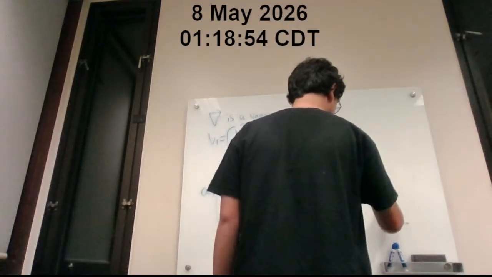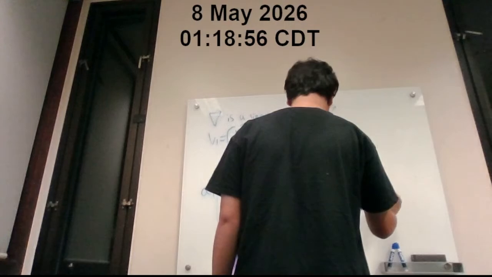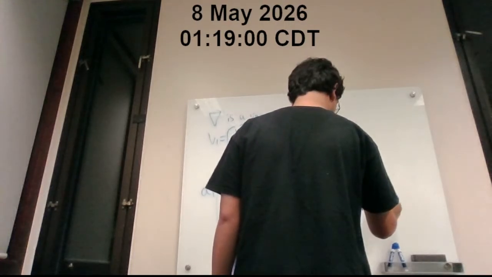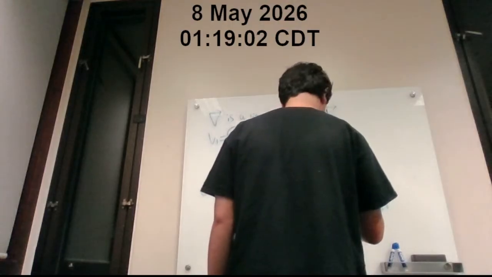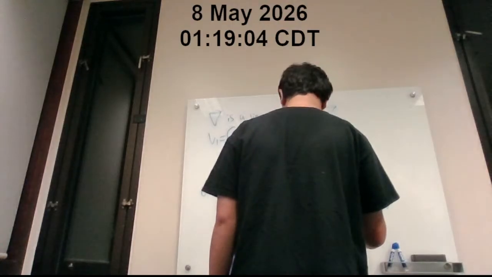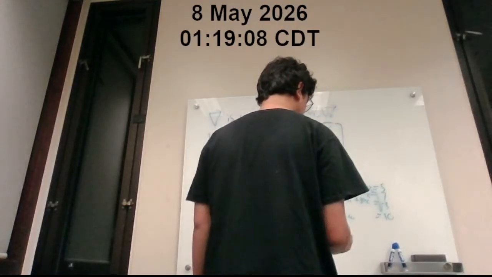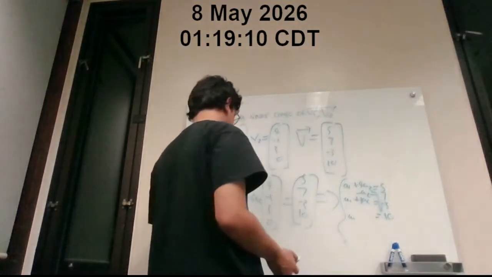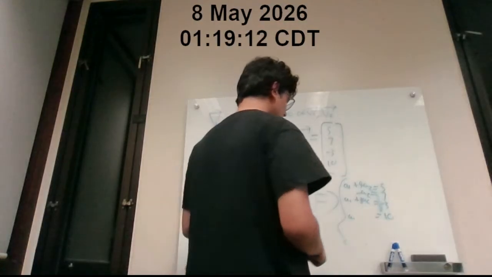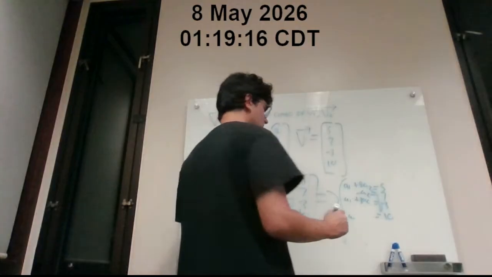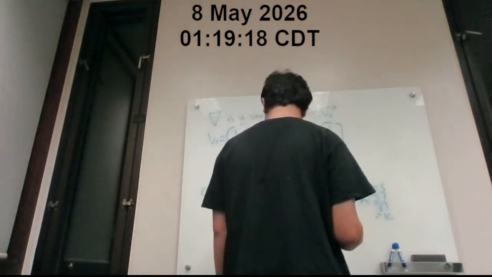Oh wait, no, excuse me. 7, 5, minus 3. a1 equals 10. Oh wait, no, that's mine. I almost gave myself a heart attack. But yeah, see, we already have a1 and a2, so I can theoretically solve this. Well, actually, no, the system.